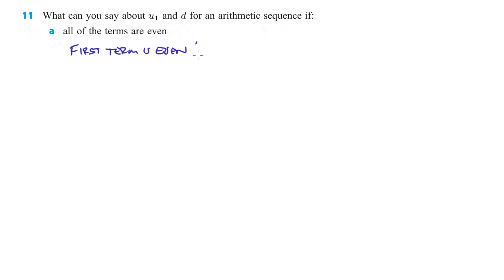And that's our u sub 1, right? And then if everything's an even number, that means it has to go up by an even number also. So the difference is also even. And remember, the difference is the d. So both u sub 1 and d have to both be even if this is true.